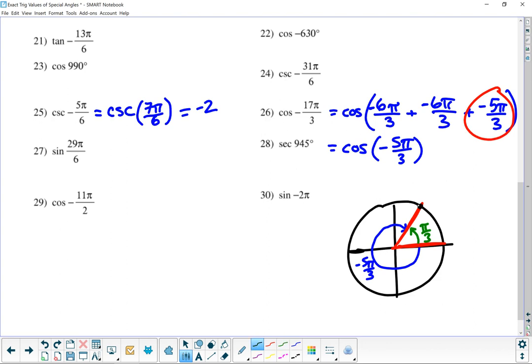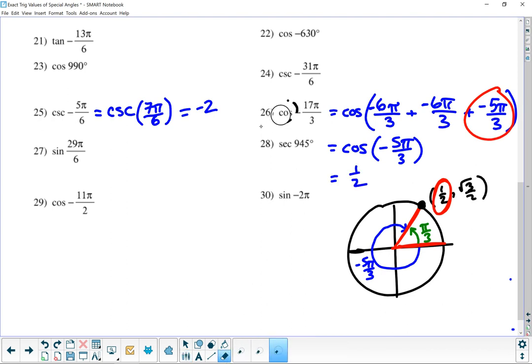At that spot, this is going to be 1/2 and radical 3 over 2. Since we're looking for cosine, it's just talking about the x value, so that answer comes out to be 1/2. Again, if you need to pause it or rewind it anytime. Okay, 27.